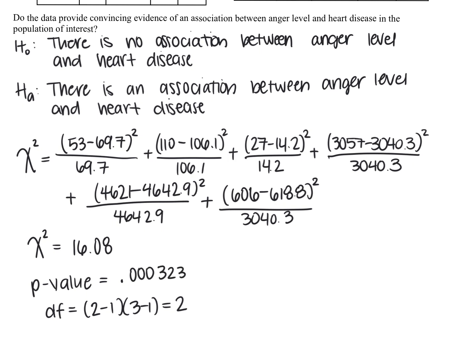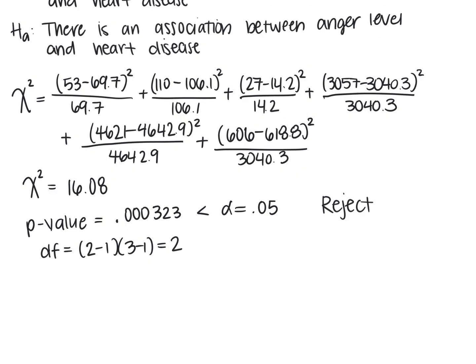Okay. So now I need to compare our p-value to our alpha, which is not stated in the problem, so we know we're going to be using 0.05. So this is obviously less than our alpha of 0.05, which means we reject our null hypothesis.